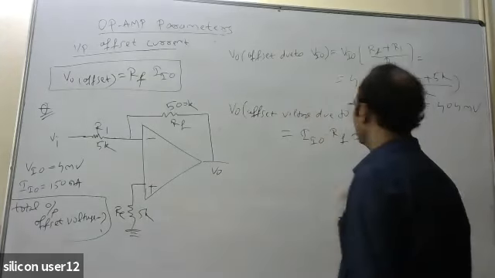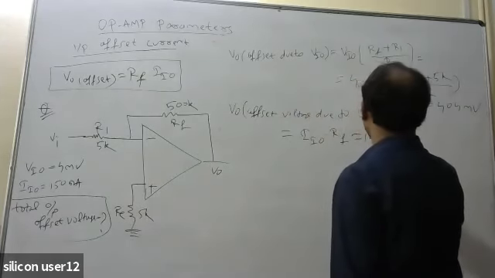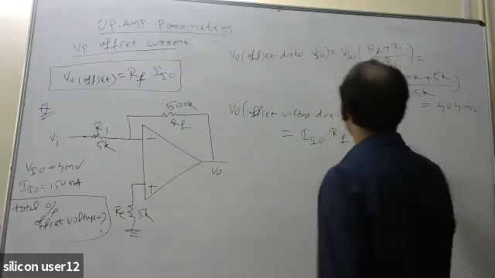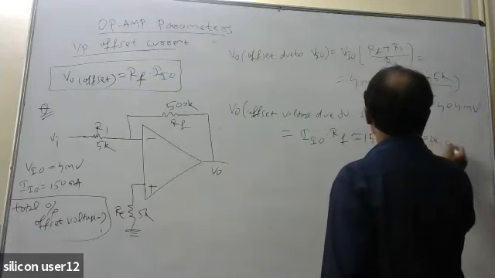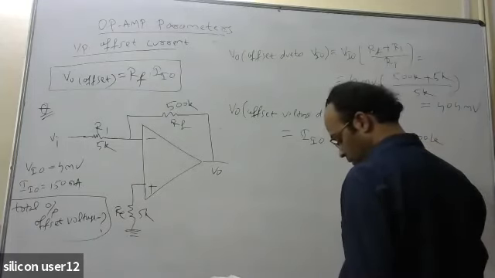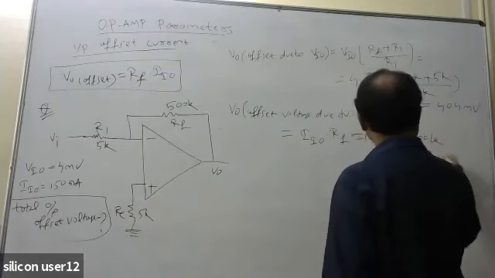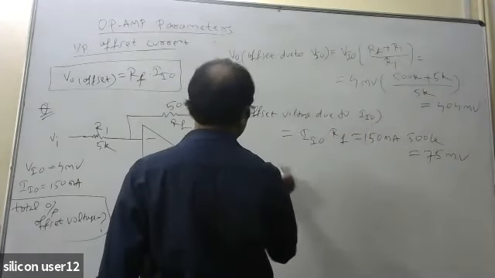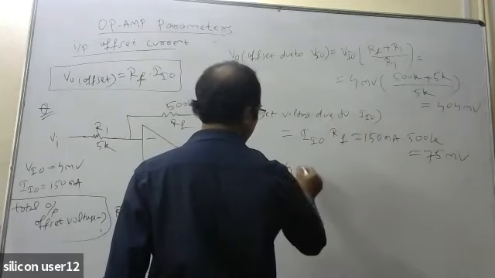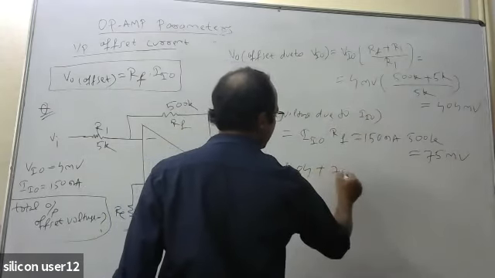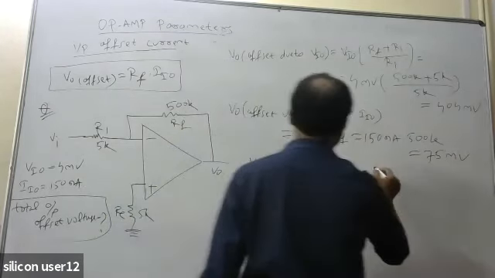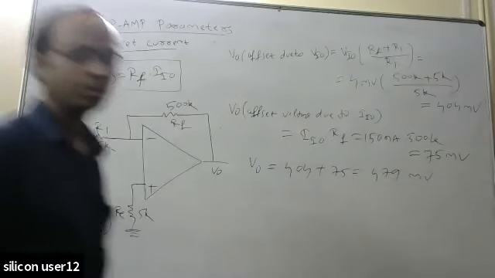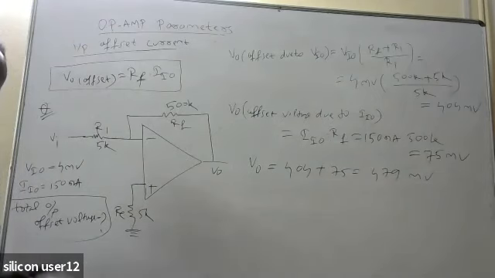II0 is given as 150 nanoampere into RF 500K, so that is equal to 75 millivolt. So your total V0 equals the summation of both, 404 plus 75, equal to 479 millivolt.